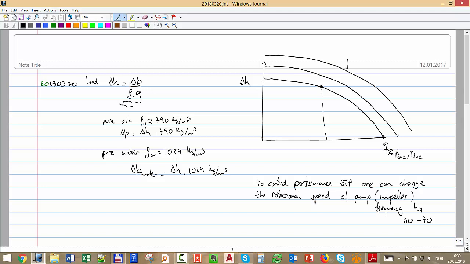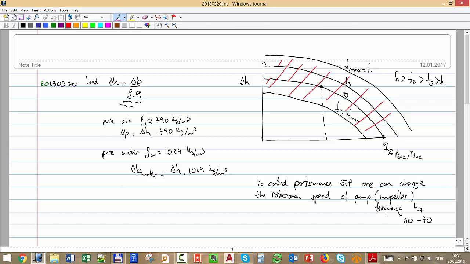That will be for F1, F2, and F3, where F1 is greater than F2 and F2 is greater than F3. That's the way you can regulate better how much your pump is going to give. There you have an F max and an F min, which in a way give you the envelope. You can operate in this region here.